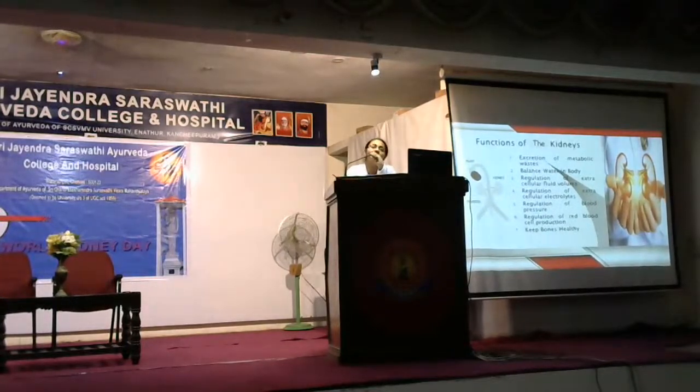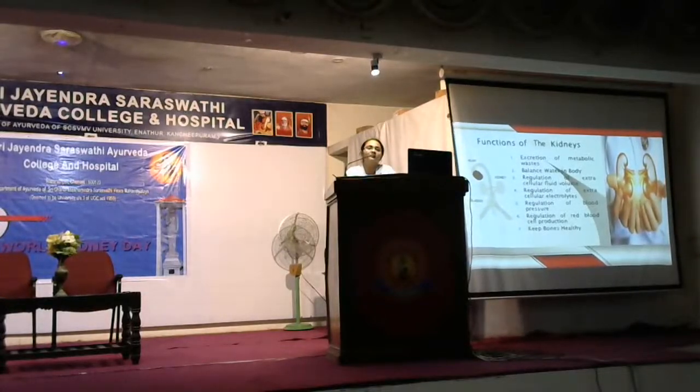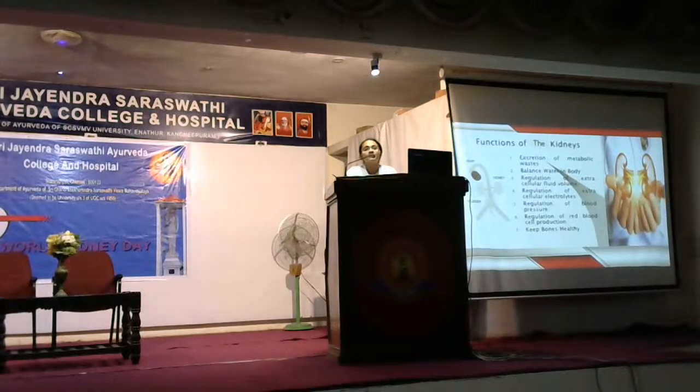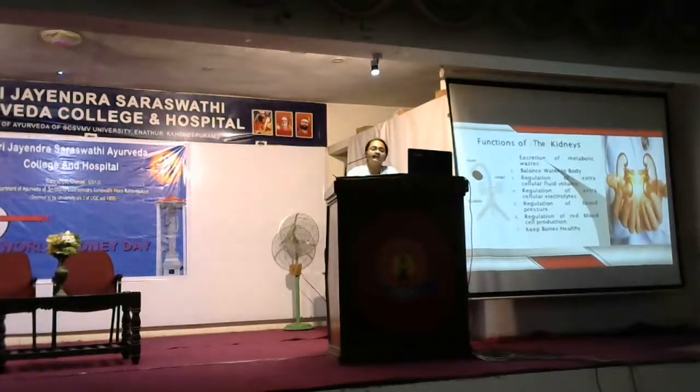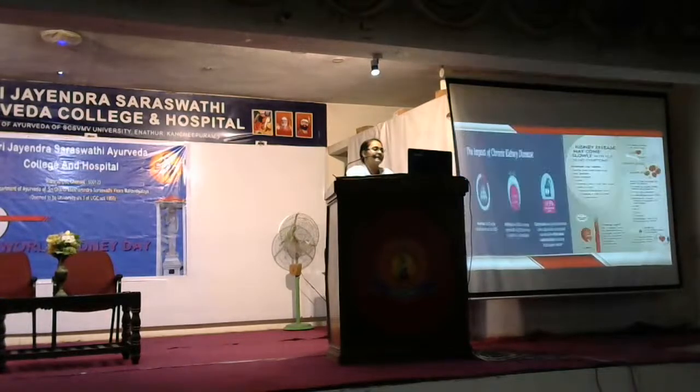For example, the renin hormone secreted by the kidney plays a vital role in the maintenance of blood pressure. Next is the erythropoietin hormone, which takes part in the production of RBCs in the body, and also the production of vitamin D, which is in an activated form when it is secreted in the body and absorbed in the intestines.